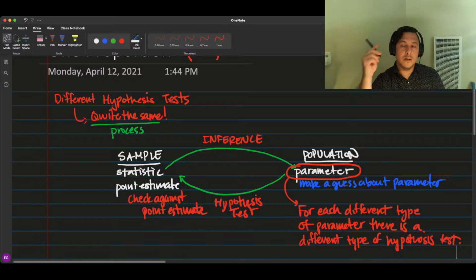Okay, so these hypothesis tests are named about the type of parameter that you are making a hypothesis about.